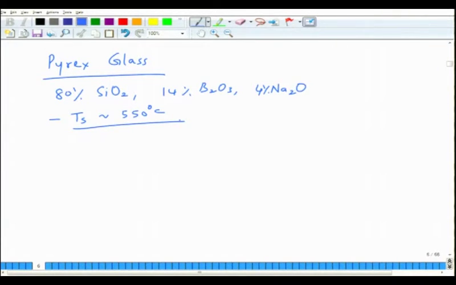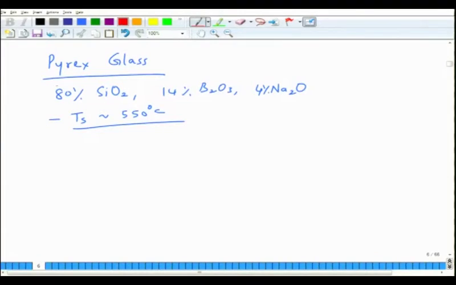So, this is something which is used in laboratories quite extensively, where you require the material to withstand its form until about 400-500 degrees centigrade. So, Pyrex glass is something that we use in our laboratories. Chemists and material scientists use it quite extensively.